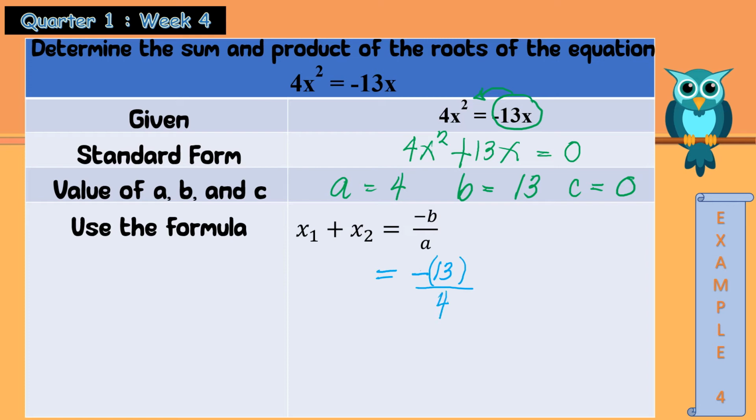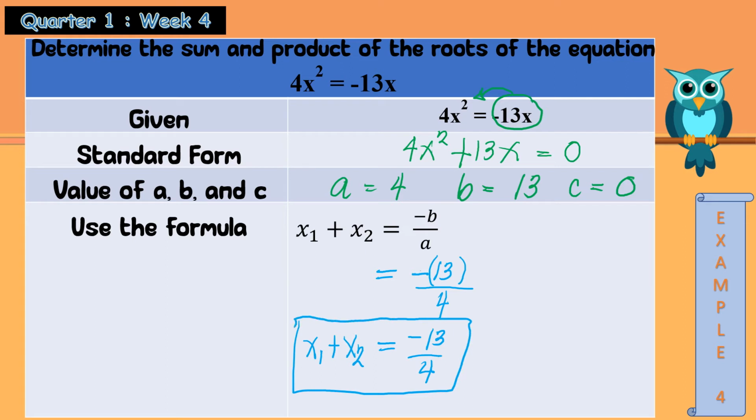Since our expression is already written into its simplest form, we'll just simply copy. So simplify lang po yung numerator. Negative times positive 13 is negative 13 all over 4. So this will be the sum of the roots of our example number 4.